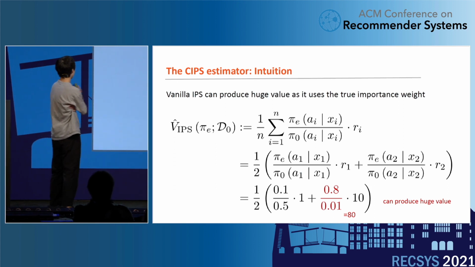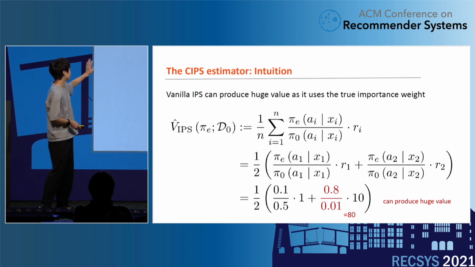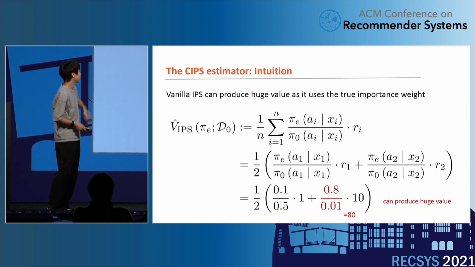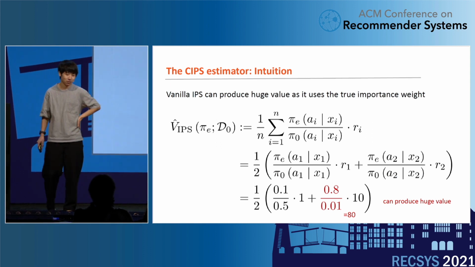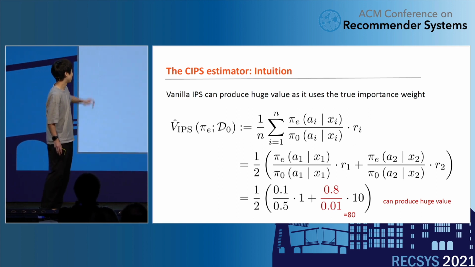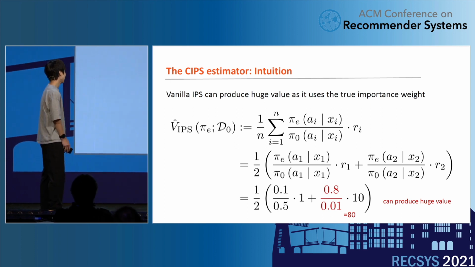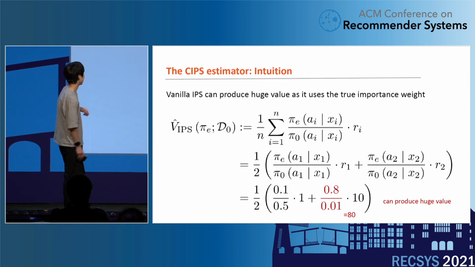And this is how vanilla IPS works. The original IPS is just the weighted average of the reward observations, and the weight is the importance weight. The importance weight is just pi_e over pi_0, the ratio of the two policies. Now we have two samples, and we have these numbers.